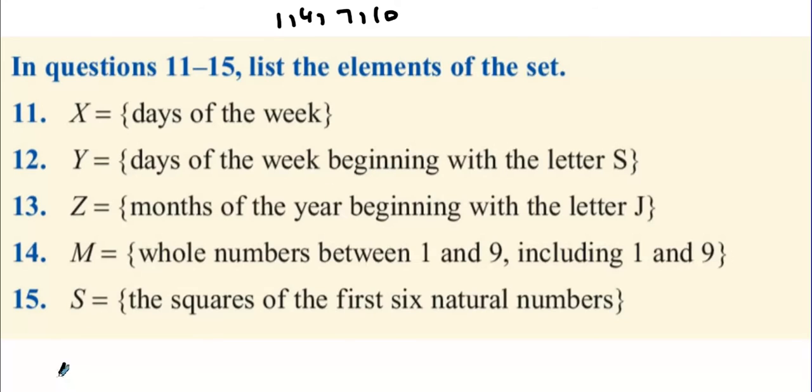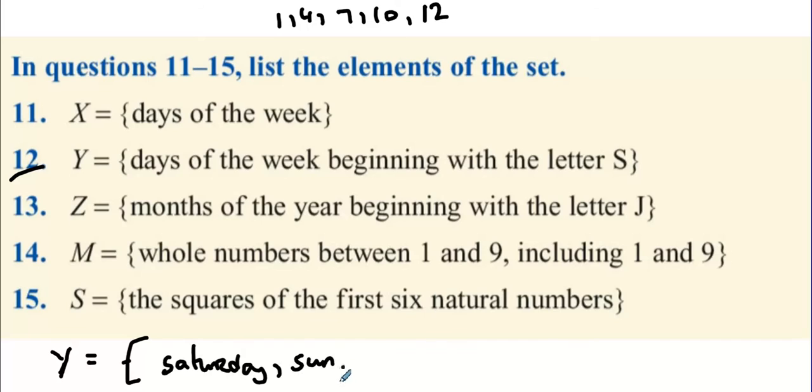So we'll start with question 12, which is Y. And so Y is days of the week beginning with the letter S. Well, I think it's just Saturday and Sunday. So there's Saturday and there's Sunday. So there's 2 of them. Okay.